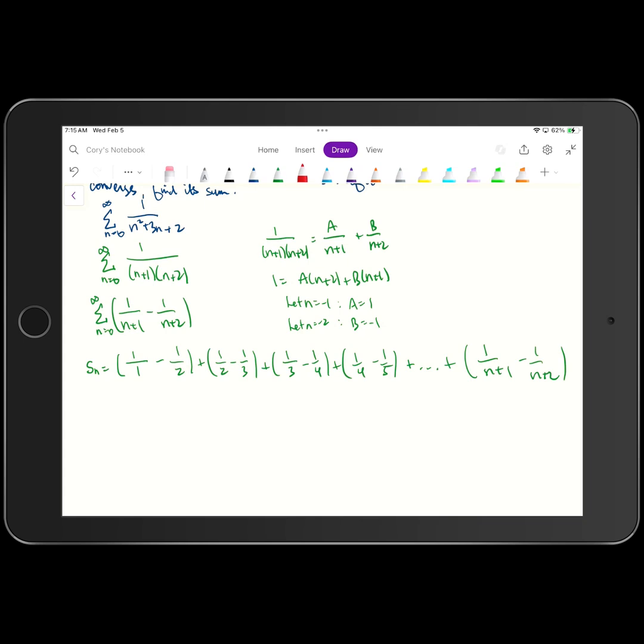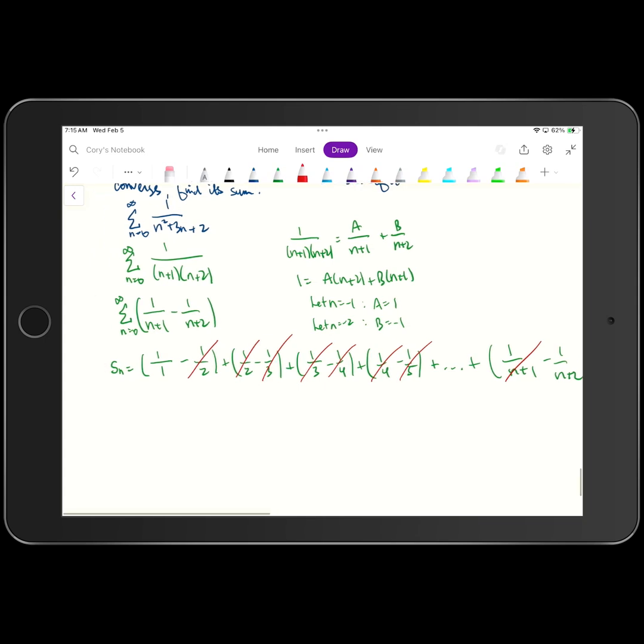And when you do that, you see that negative 1 half and 1 half will cancel, negative 1/3 and 1/3 will cancel, negative 1/4 and 1/4 will cancel, negative 1/5 will cancel with positive 1/5. And then every term is going to cancel until we get to the last term, which is 1 over n plus 2.